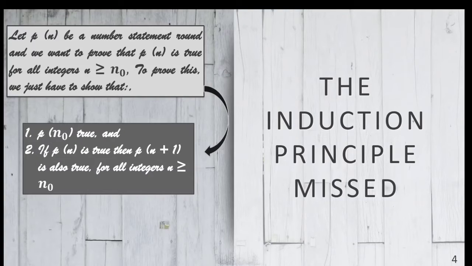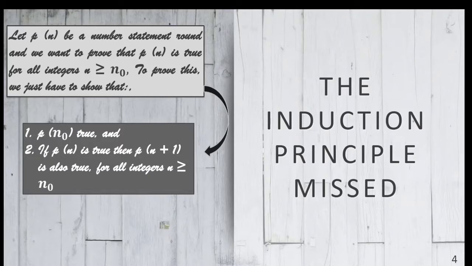And I will explain about step 1 and step 2. Step 1 is called basic induction, meanwhile step 2 is called the induction step. The induction step contains an assumption that states that Pn is true.